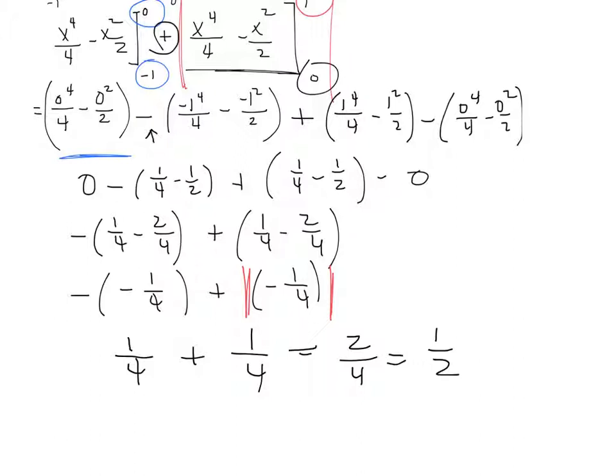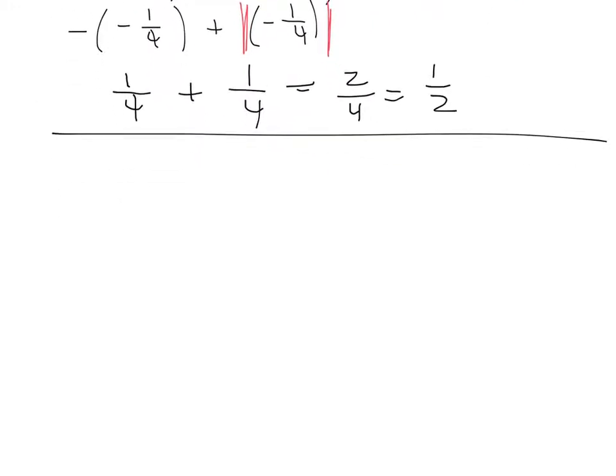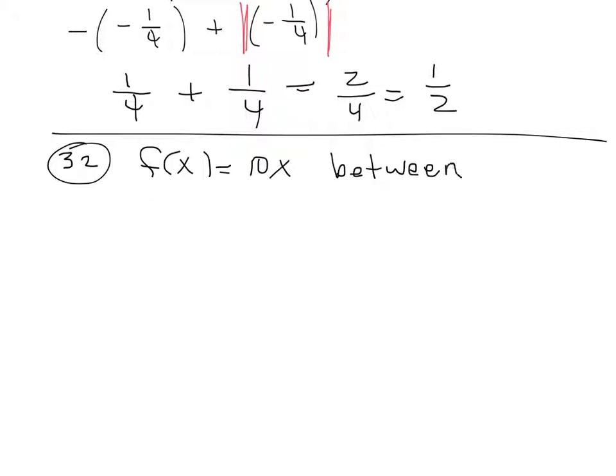This one's kind of weird. So this is 32. It says f of x equals 10x between x equals 1 and x equals b, and it says that's 120 where b is greater than 1. And it's like, what am I supposed to do?